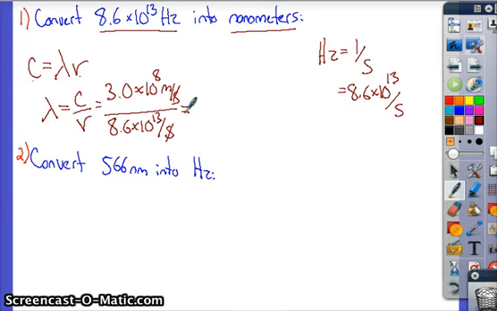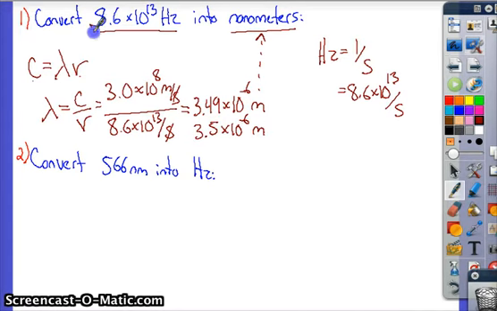The value that we get is going to be 3.49 times 10 to the negative 6 meters. We would want to represent this in nanometers, remember? And we also want to have two significant figures, so we're going to have 3.5 times 10 to the negative 6 meters.